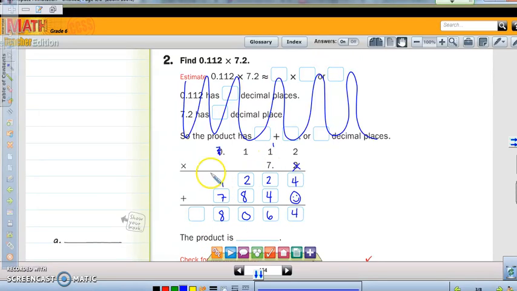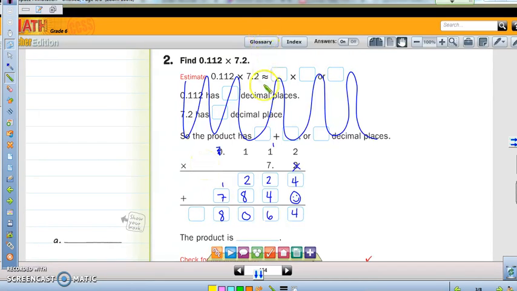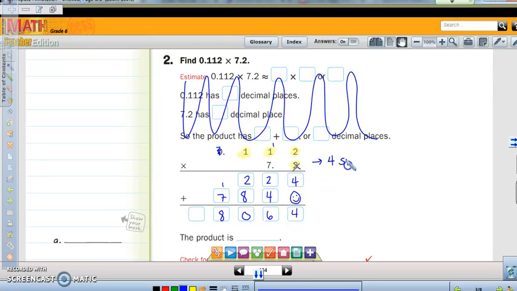Okay, now we're going to count how many numbers are after my decimal point. There's 1, 2, 3 up top, and another one gives me 4. So I'm going to ba-doom, 4 spots. Again, my decimal point is at the end, so I'm going to go 1, 2, 3, 4.